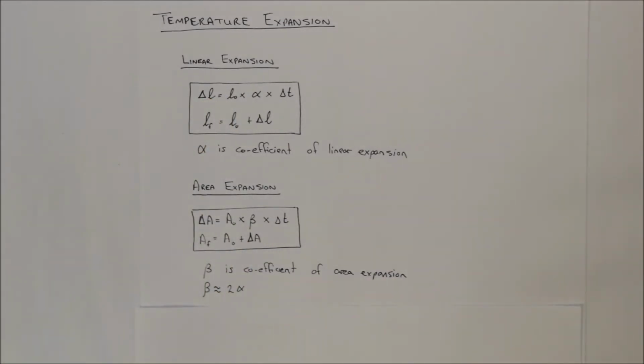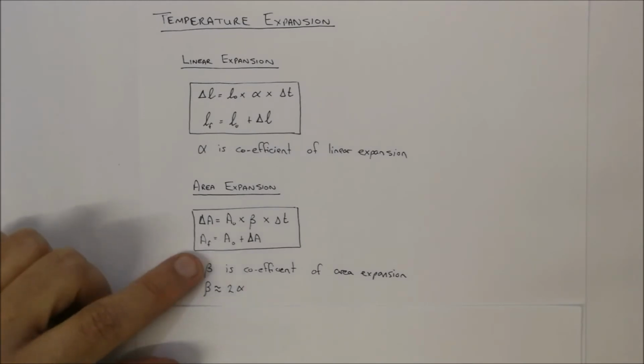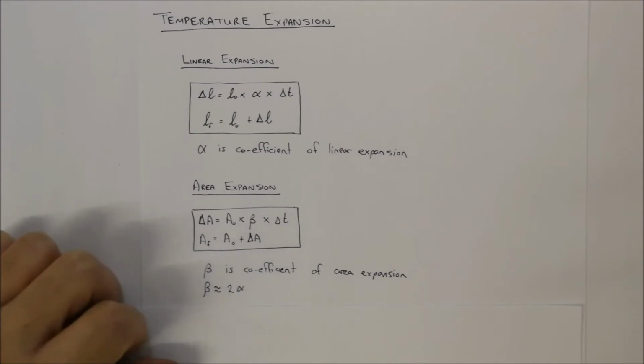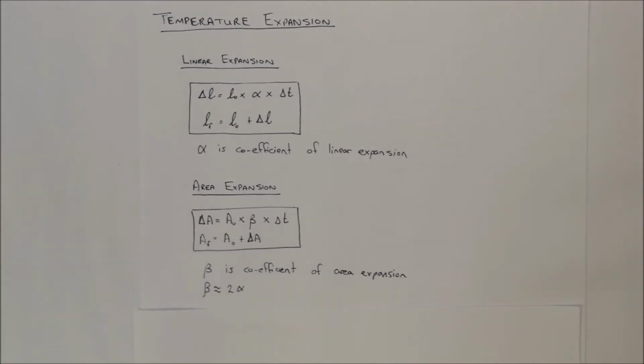Beta is the coefficient of area expansion, and it has a value roughly equal to 2 times alpha. It's not 100% accurate, but it's a good estimation for the calculations you need to do, so we always use beta to be twice alpha. The final area is equal to the original area plus the change in area.